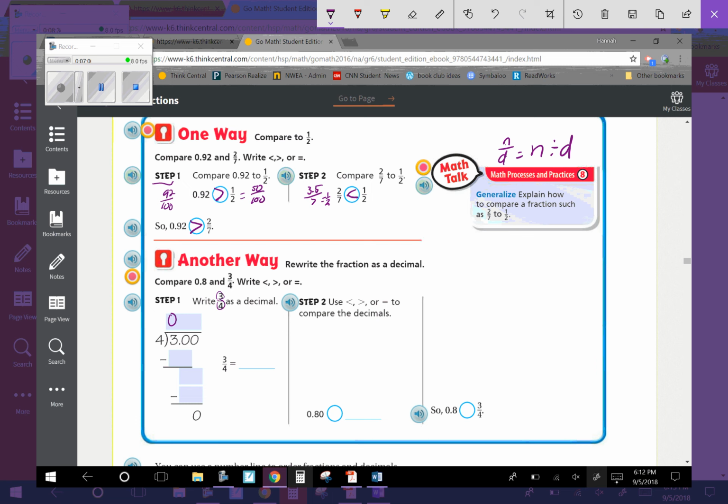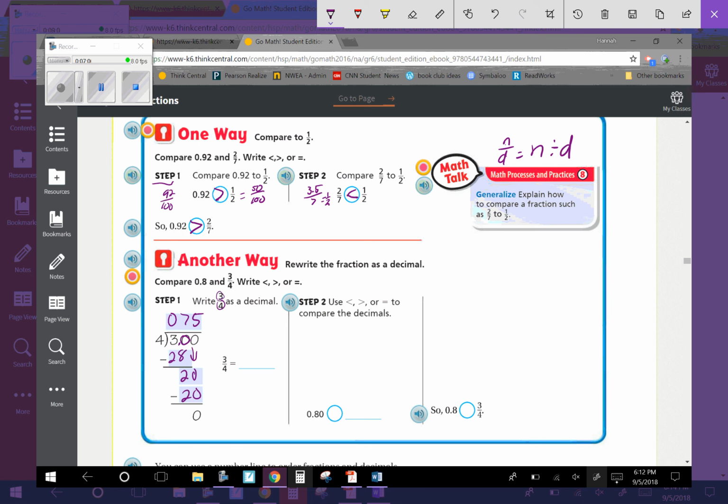4 does not go into 3 like we want, so we're going to add the decimal here and add a 0. 4 goes into 30 7 times, which is 28. 30 minus 28 is 2. Bring down our 0 to hold our place value. 4 goes into 20 5 times, which is 20.